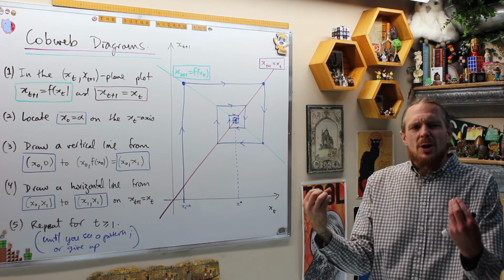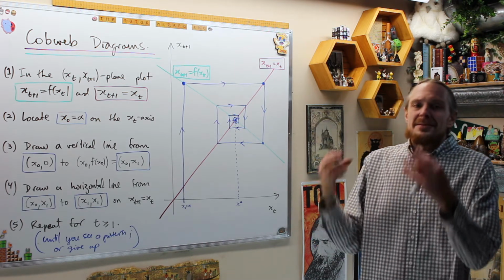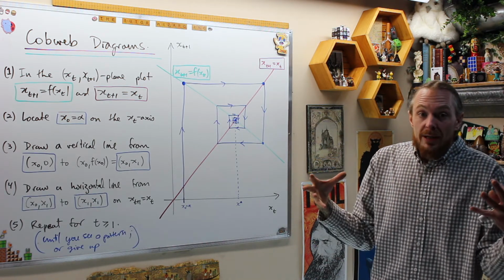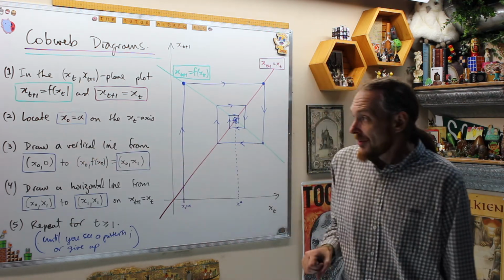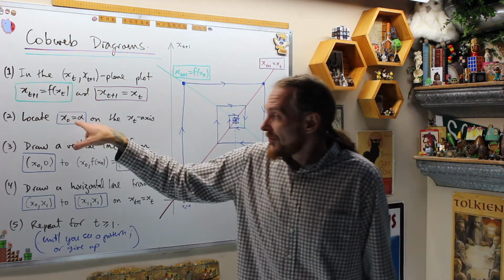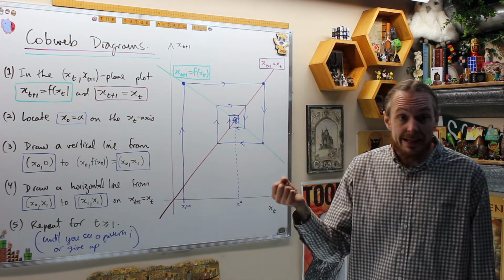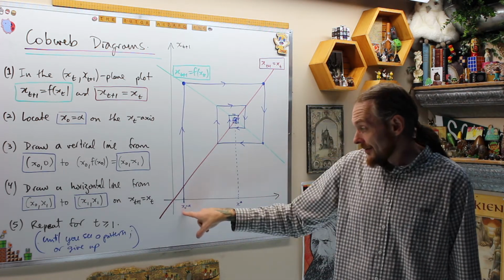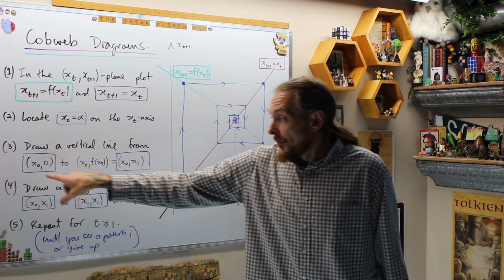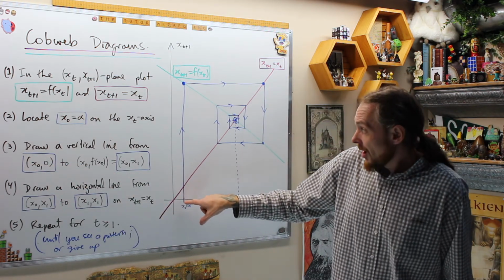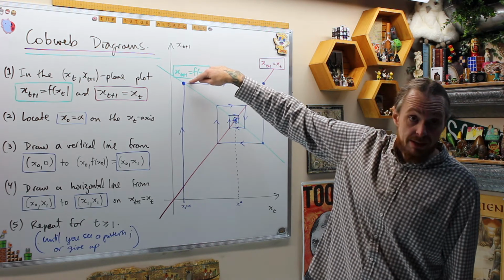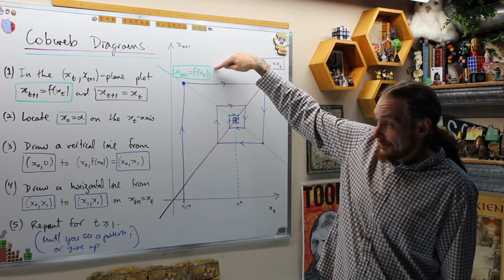And then now what we want to know is, do we have stable equilibria or unstable equilibria? How do we tell that pictorially? This is quite clever. First of all, we're going to locate our initial condition on the x_t axis. There he is. From the point (x0, 0), we're going to draw a vertical line to our function f(x_t).